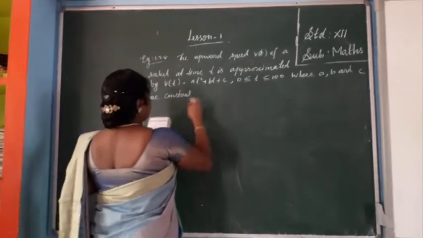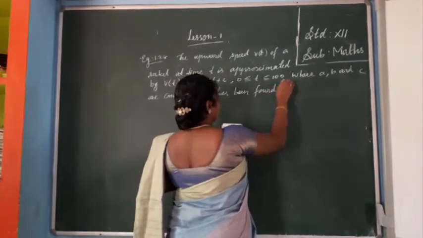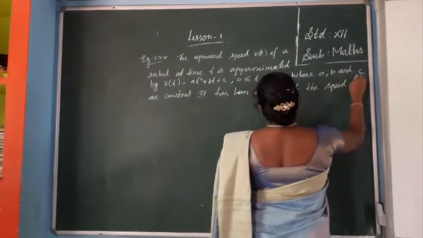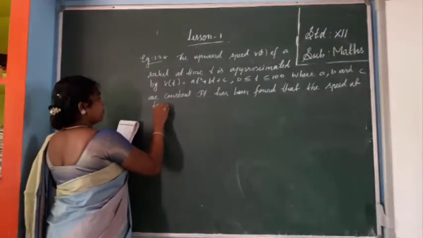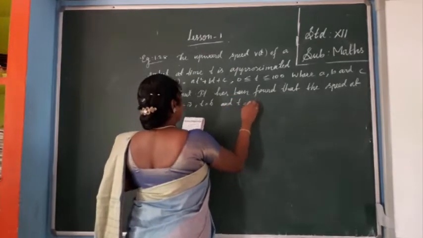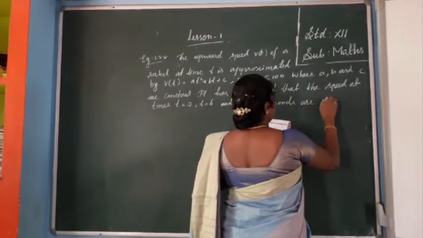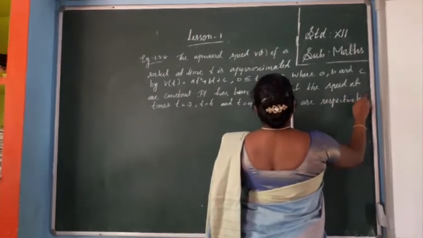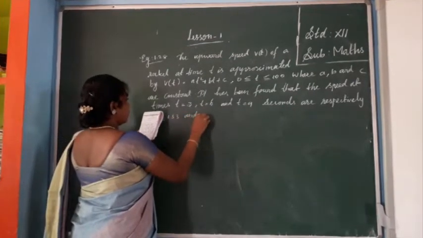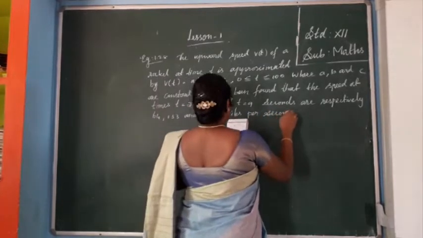It has been found that the speed at times t equal to 3, t equal to 6 and t equal to 9 seconds are respectively 64, 133 and 208 miles per second.